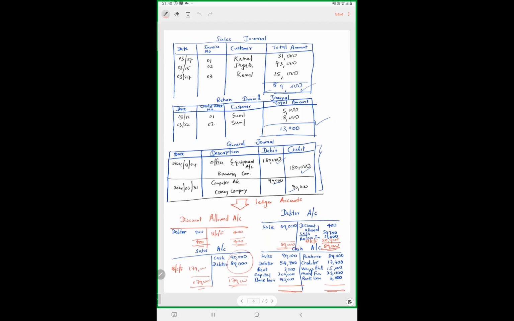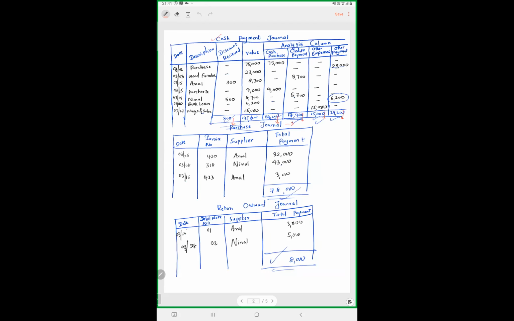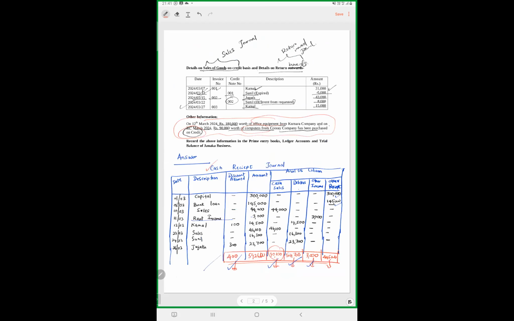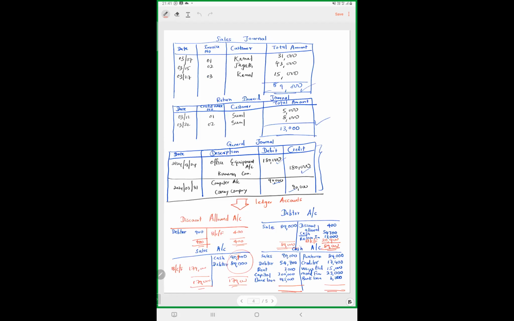Here, 179,100. This 100 is there. You may see here, 90,100. So then 179,100.